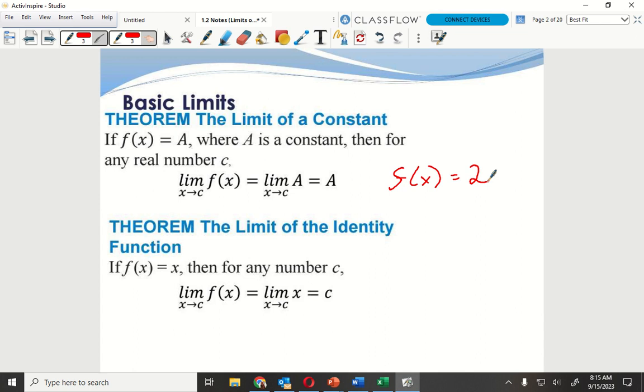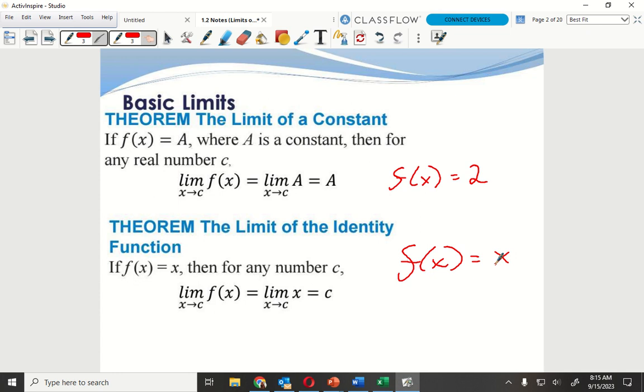That's what that means. The limit of the identity function: if f of x equals x, the limit is the number I plug in. I only have one variable, and I'm plugging in the limit as x approaches c. So I'm going to replace x with c.